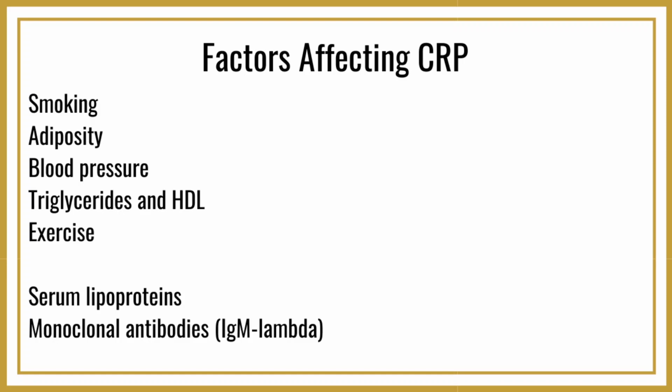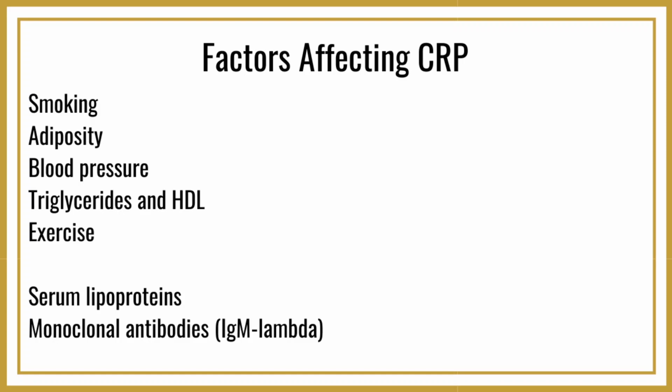And as I said, it takes 6 hours for your liver to produce as much CRP as it will in response to the inflammatory markers floating around in your body. So unless you abstain from smoking for a couple of days at least, you're going to have elevated CRP due to that smoking, but you're also going to have elevated inflammation because of the smoking.